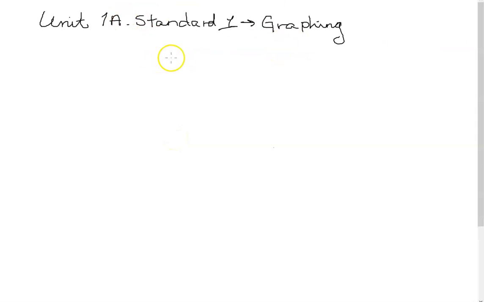So in the beginning of the school year, we talked about our PT graphs. And what are they? A PT graph is a position time graph. And they have different shapes, okay?